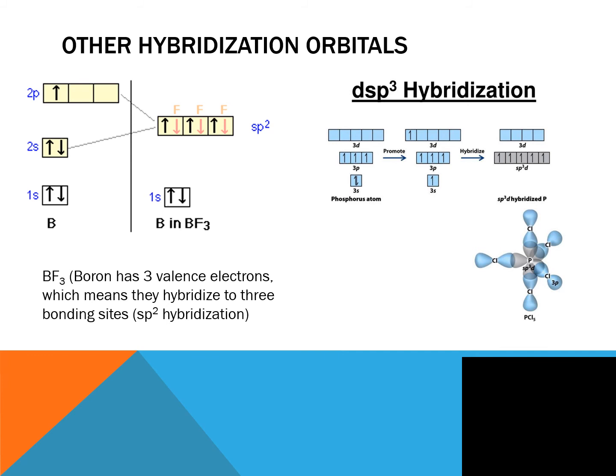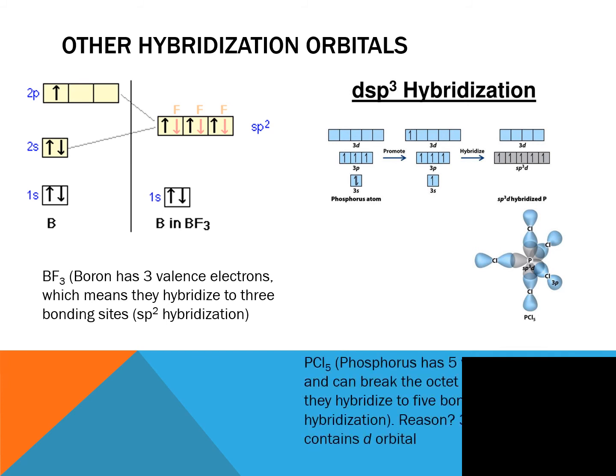So that shows 5 bonding sites. 1 d, 1 s, 3 p, that's 1 plus 1 plus 3 is 5. So basically, if it has bonding sites or lone pairs, you're going to hybridize. Phosphorus has 5 valence electrons, and you can break the octet rule, which means there's 5 bonding sites that hybridize. And the reason I can do that is because the third energy level contains the d orbital.